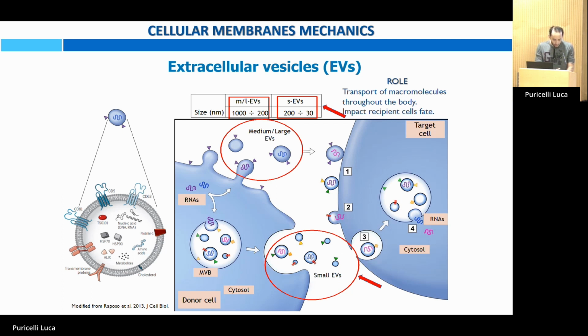They have an outer shell which is similar to the cellular membrane, a complex structure made of lipids, a lipid bilayer enriched with different proteins, extramembrane proteins, transmembrane proteins, ligand receptors, and they also carry some cargo inside, like nucleic acids or several kinds of proteins.